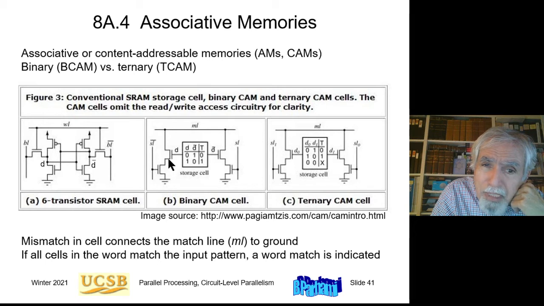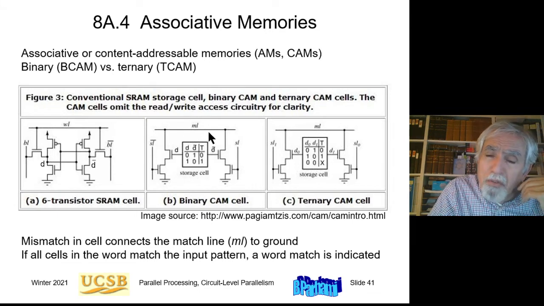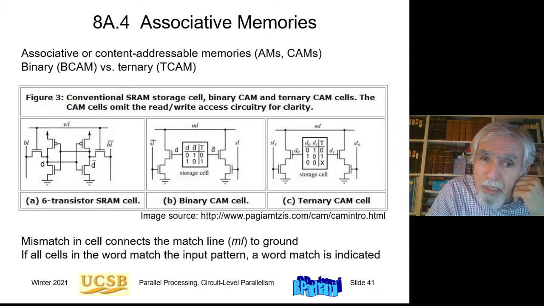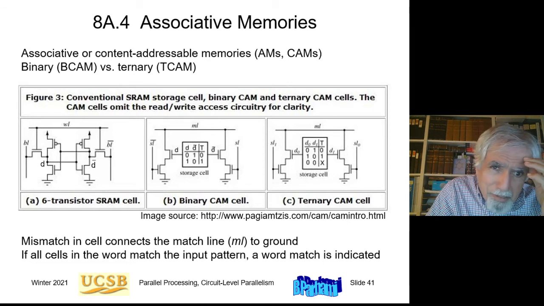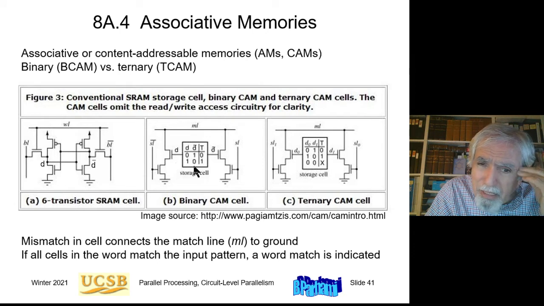Okay, so both of these switches open, and therefore the match line, which is initially set to 1 through pre-charging, will be drained basically through this path, and therefore a mismatch is indicated. So the way this memory operates is that the match line is preset through pre-charge to 1, and any single mismatch in the various bits will reset that to 0.